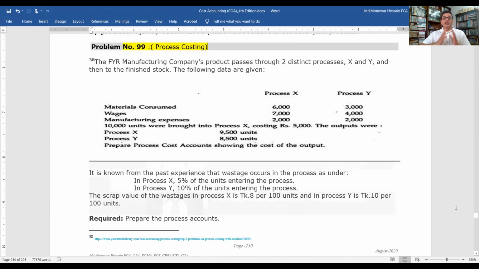The question: a manufacturing company produces a product that passes through two processes, X and Y, and then to the finished stock.